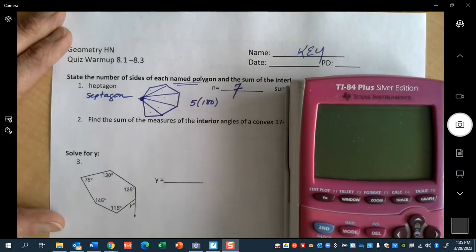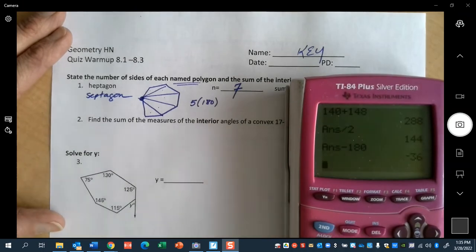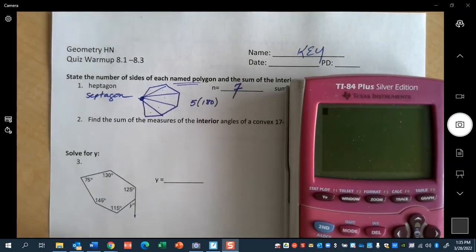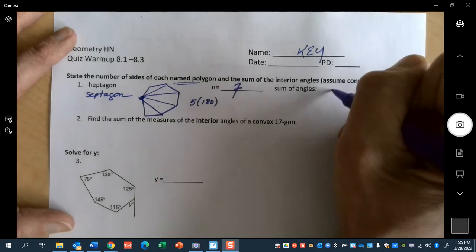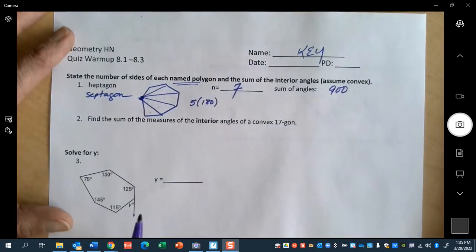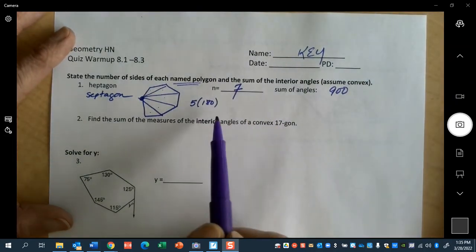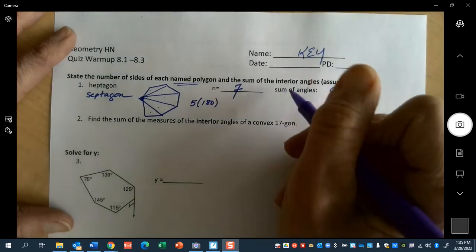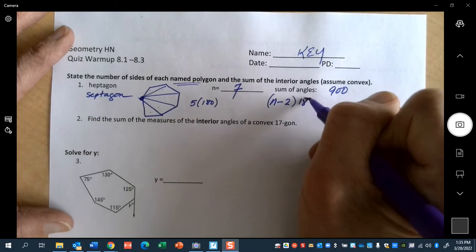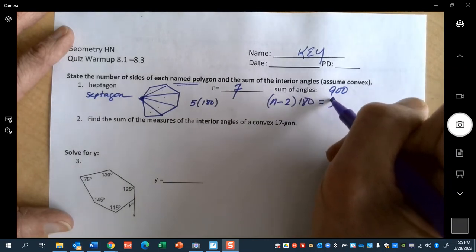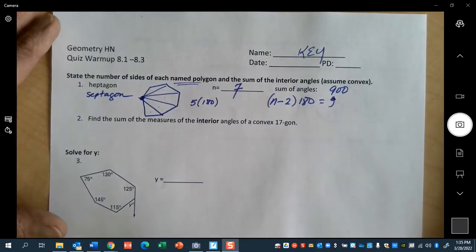So I know that the sum of the angles in a heptagon is going to be 5 times 180, and 5 times 180 gives me 900 degrees. If you can't remember the formula, sides minus 2 times 180 is equal to the number of interior angle degrees.